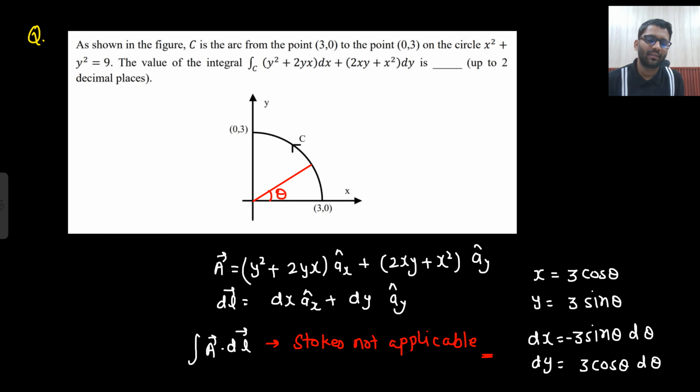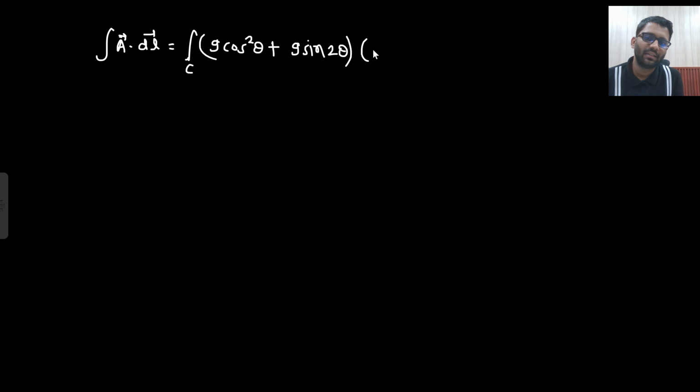And then dx. So minus 3 sin theta d theta is there.